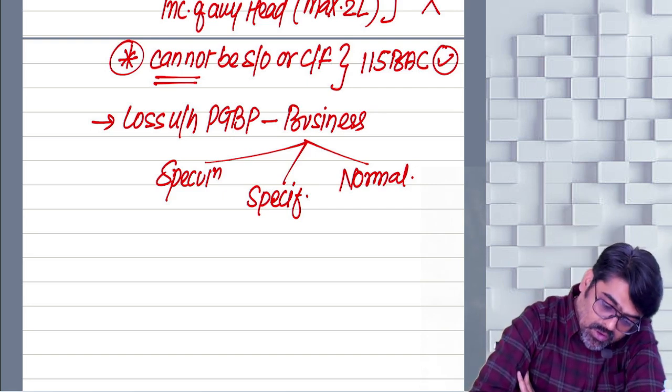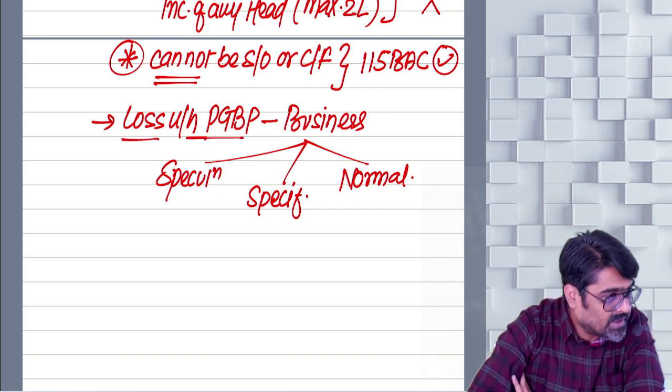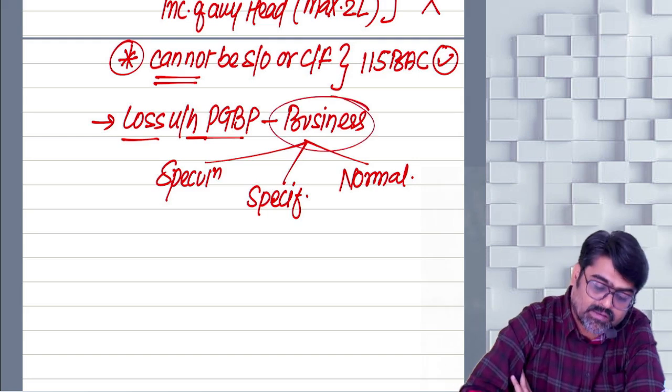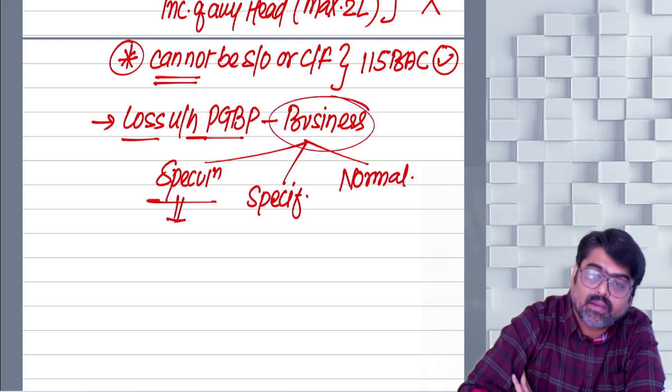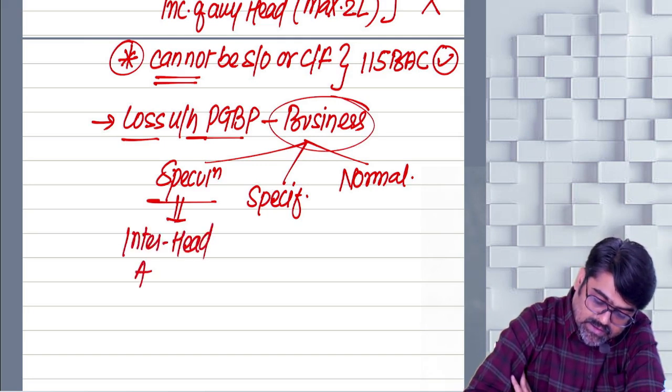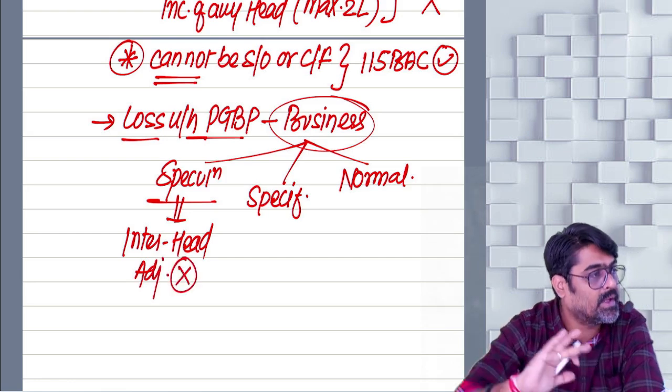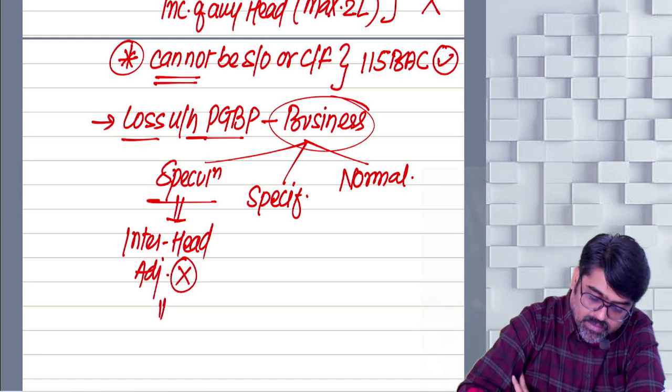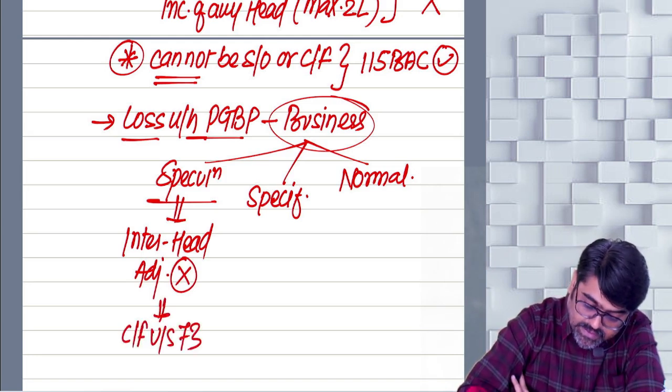So if there is a loss under the head PGBP from a speculation business, inter-head adjustment of this loss, possible or not possible? Not possible. It will be directly carried forward under section 73.